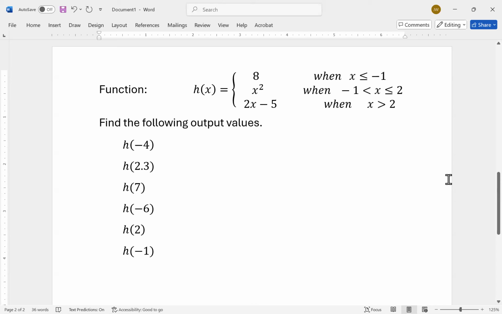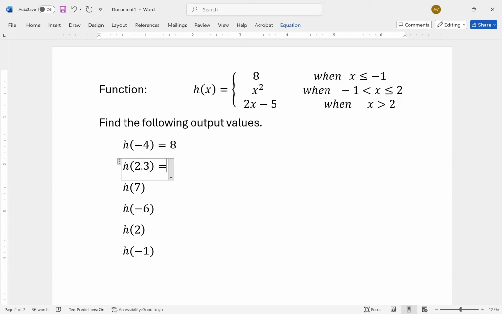So H of negative 4. Now, negative 4 is less than or equal to negative 1. So the output value there is simply going to be 8. So that's pretty straightforward. H of negative 4, anything that's less than or equal to negative 1 gives an output value of 8.